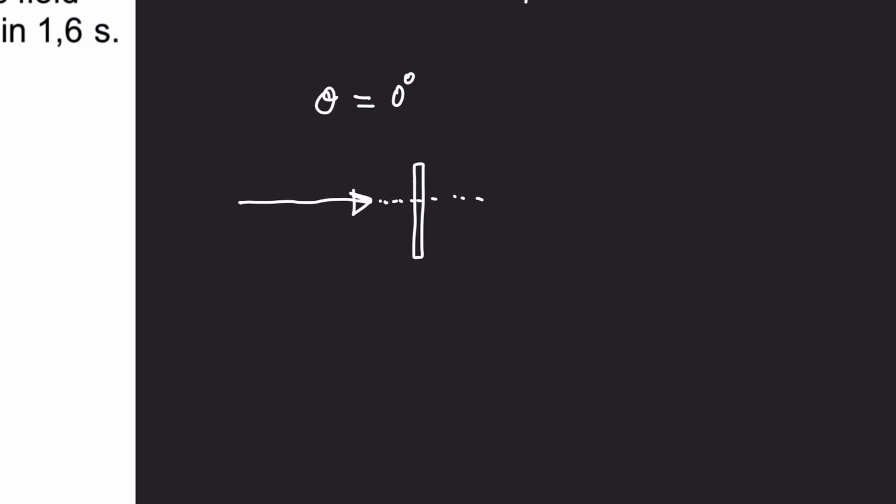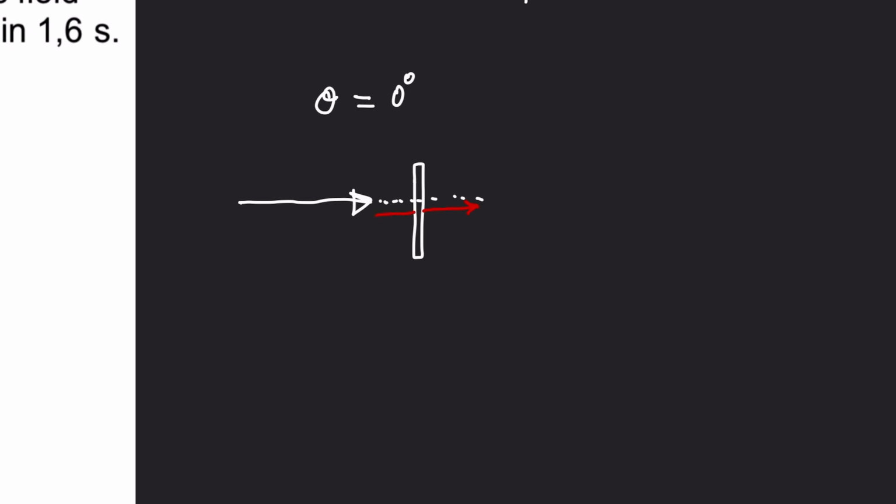when you think about the angle, you're not thinking about the actual angle of the coil itself. It is the angle that the magnetic field makes with the normal of the coil.